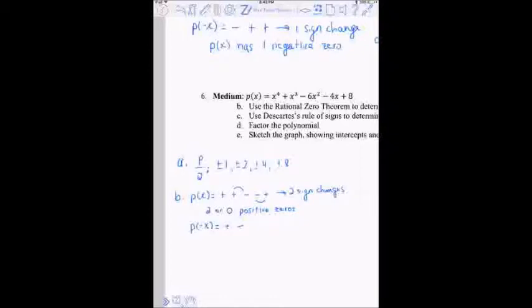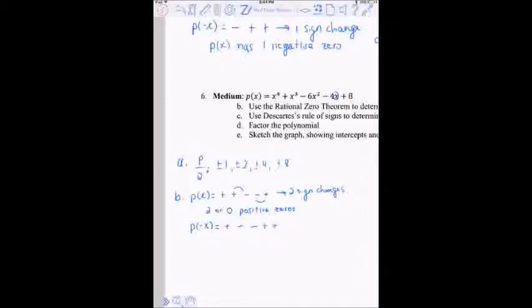Third term here, if I plug in a negative x and square it, I get x squared, and then multiply it by -6. That's negative. Now here, with that x, if I multiply negative 4 times negative x, that's positive 4x, that's a positive. And then the last term is positive 8.